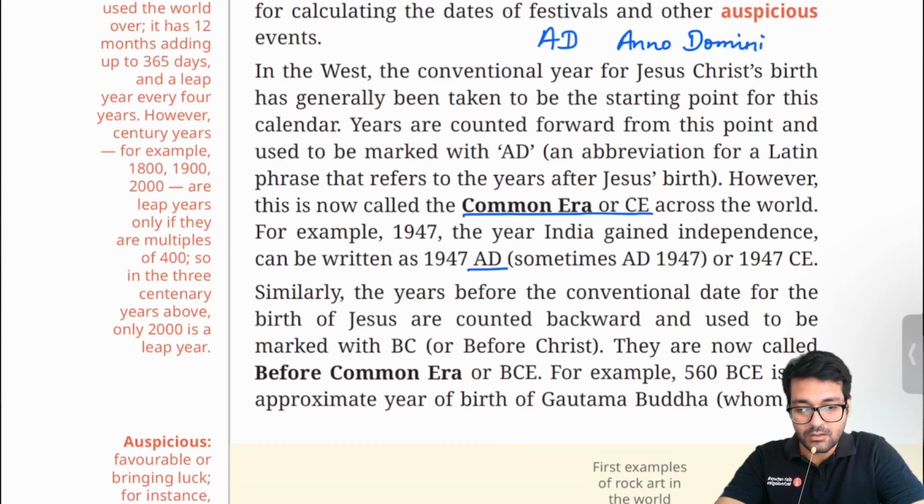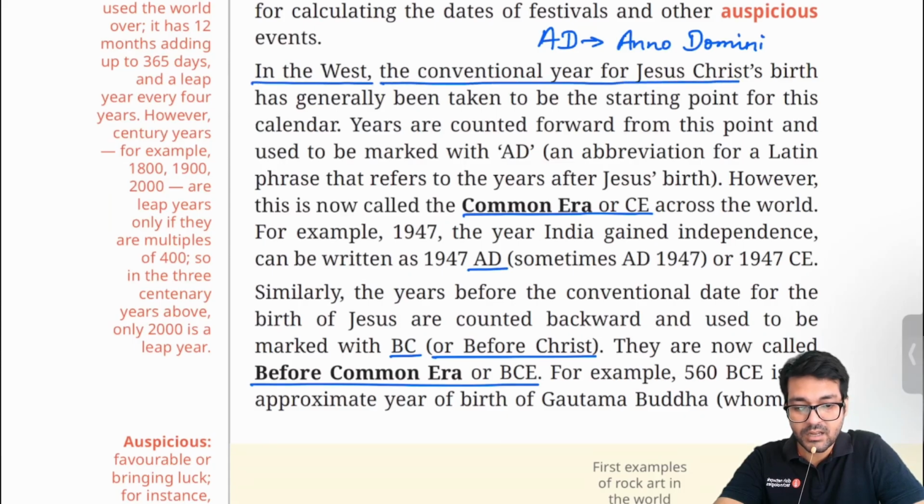AD stands for Anno Domini. And we will also understand the meaning of BC or Before Christ, also known as Before Common Era or BCE. For this, we will be reading this page. In the West, the conventional year for Jesus Christ's birth has generally been taken to be the starting point of this calendar.